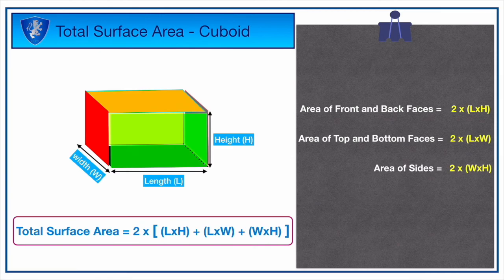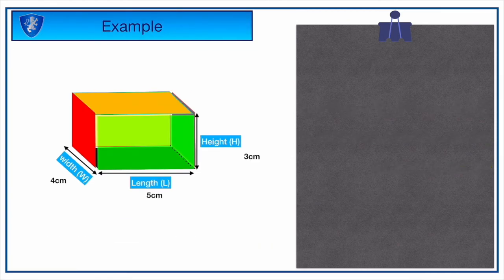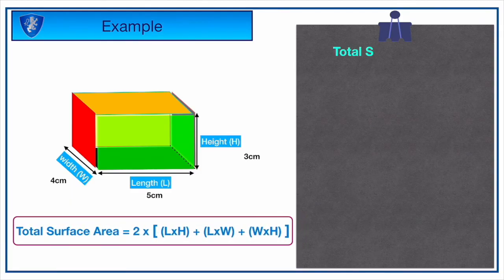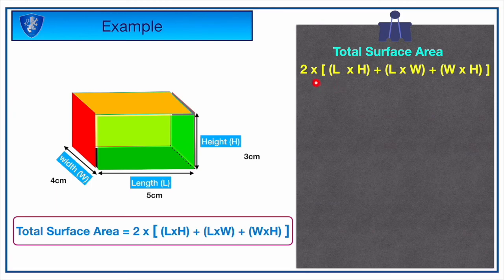Now the next slide, what we're trying to do is put values to all the lengths. So let's assume length is 5 centimeters, height is 3, and your width is 4. So this is the rule again. So now total surface area is 2 times, I put the rule here at the top.